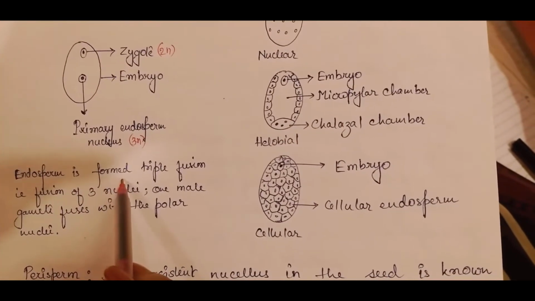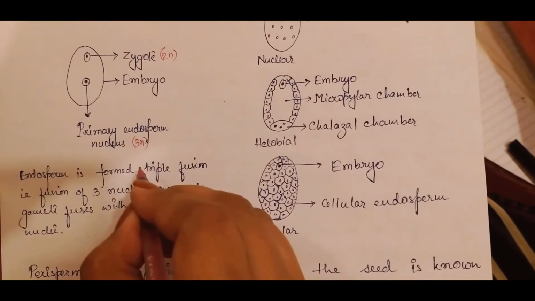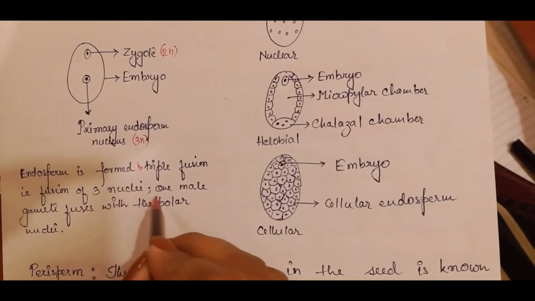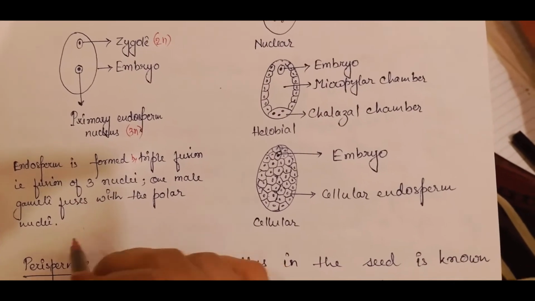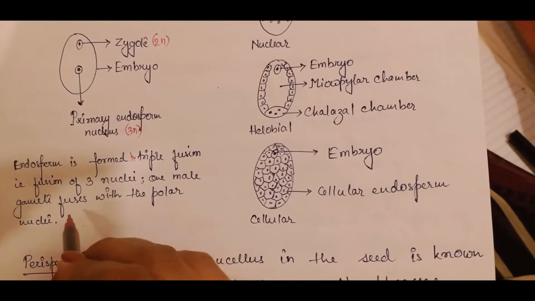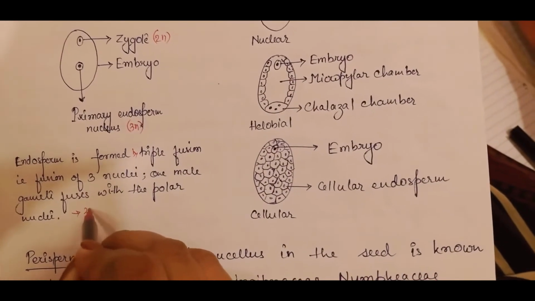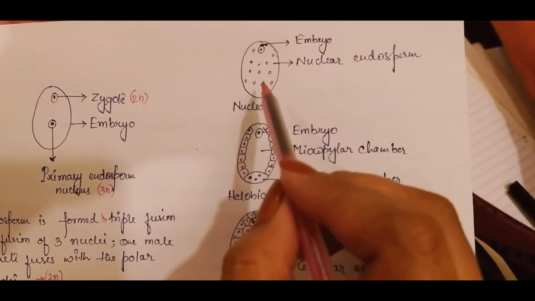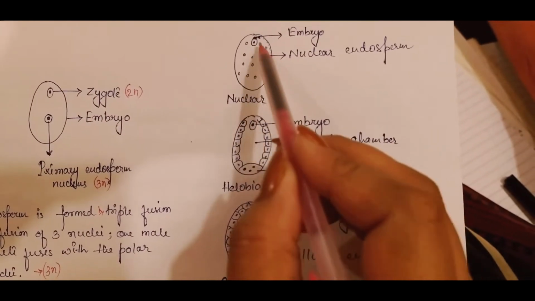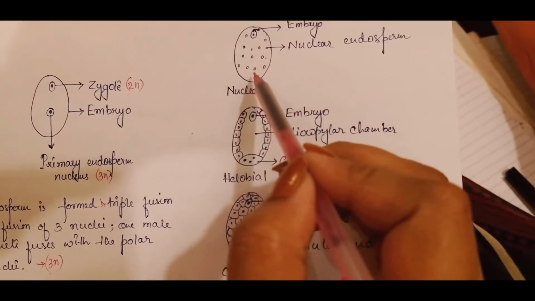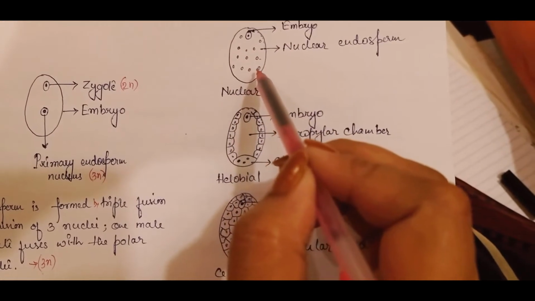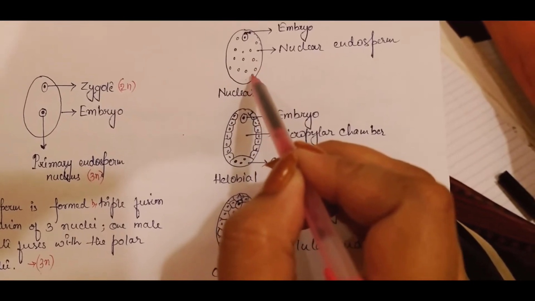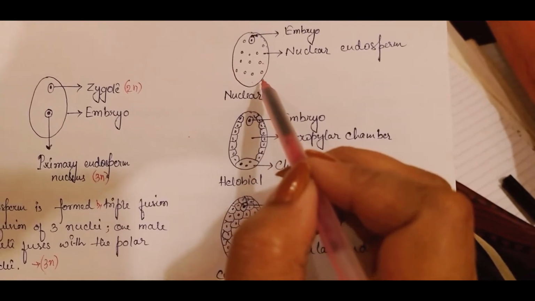Endosperm is formed by triple fusion, that is fusion of 3 nuclei. One male gamete fuses with the polar nuclei, giving rise to this triploid condition. Now see here in nuclear, what is happening? The embryo is here and the nuclei remain suspended in the cell without being accompanied by wall formation. Okay.